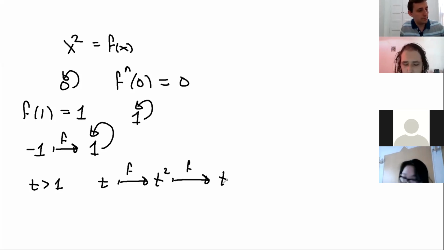What's this number? If I start with t bigger than 1, applying the square will give the square of t squared. What would that be now? Write in the comments. Applying the function, it becomes t squared. Applying the function again, what does it become?